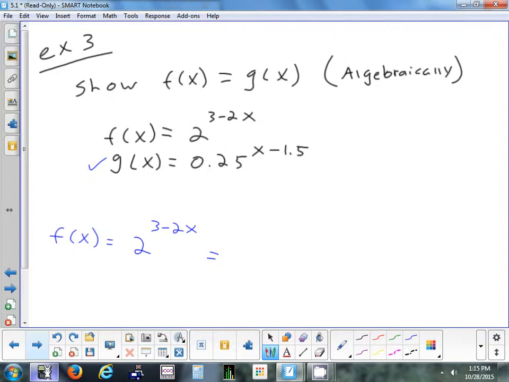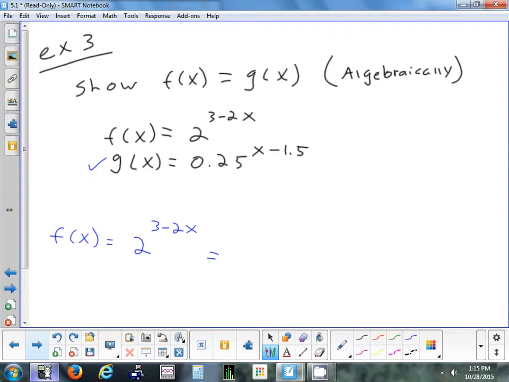Okay, what's the first thing here that you notice just looking at the exponents? Kind of the way that it's written, not the actual numbers. What do you notice about the way these exponents are written? Well, in the first one, the x is after everything. In the second one, the x is the first thing.